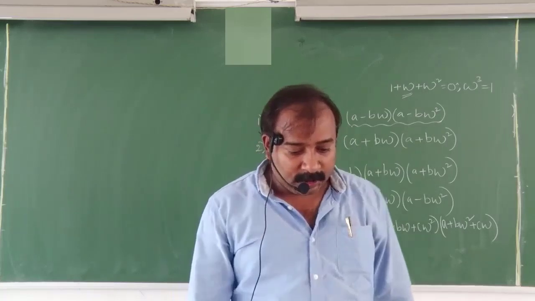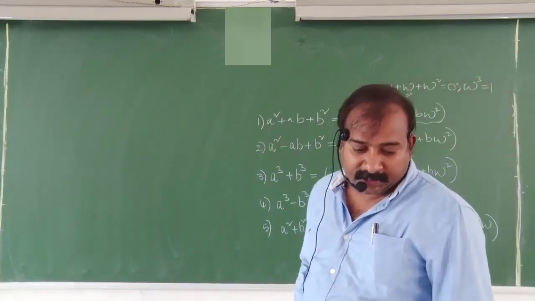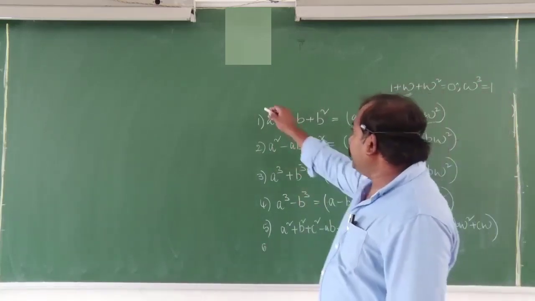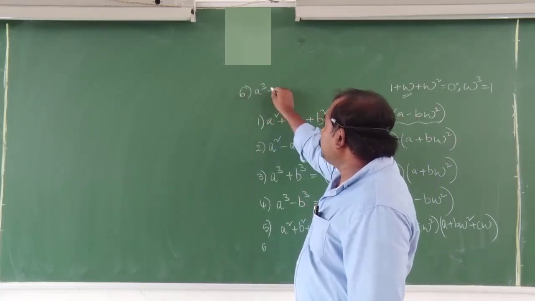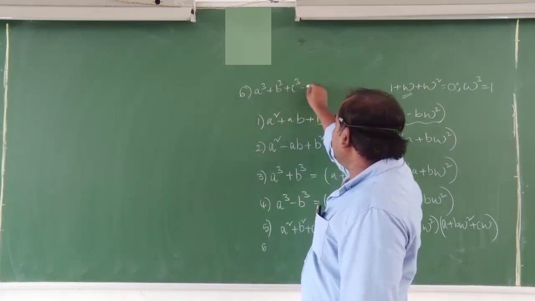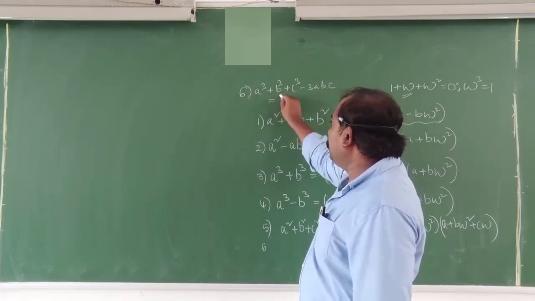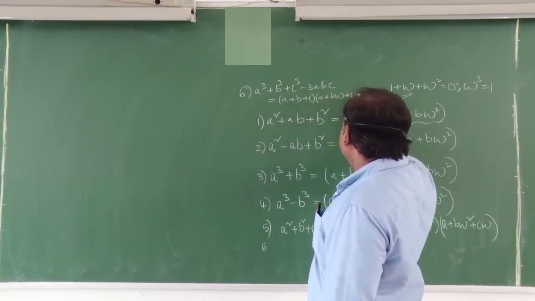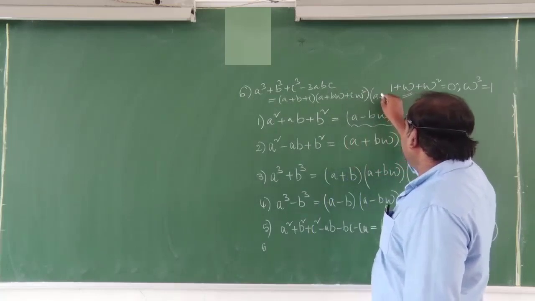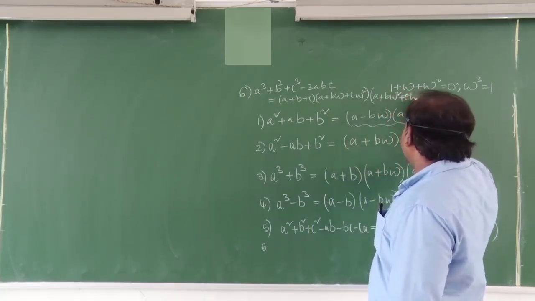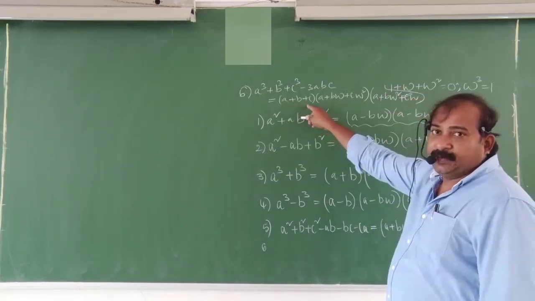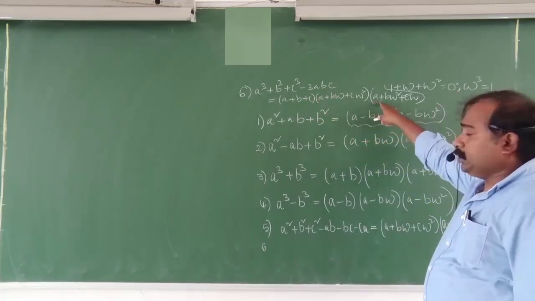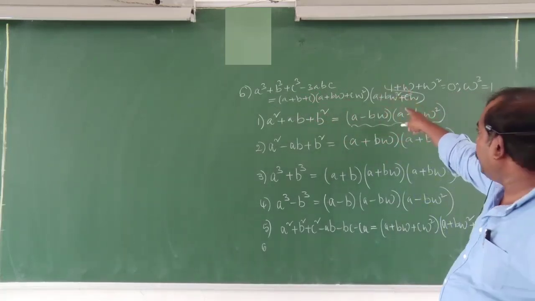Of course, one more property is also given: a cube plus b cube plus c cube minus 3abc equals a plus b plus c into a plus b omega plus c omega square into a plus b omega square plus c omega.